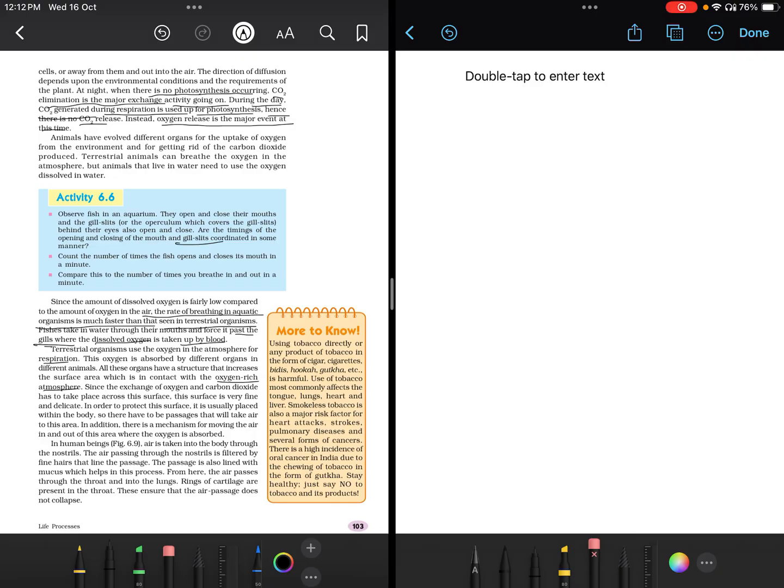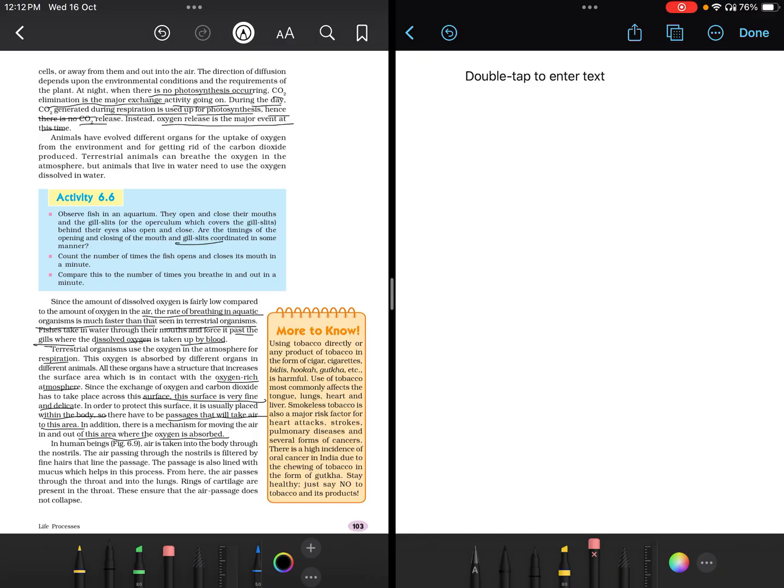Since the exchange of oxygen and carbon dioxide has to take place across this surface, it is very fine and delicate. In order to protect this surface, it is usually placed within the body, and so there have to be passages that will take air to this area. In addition, there is a mechanism for moving air in and out of this area and oxygen is absorbed.